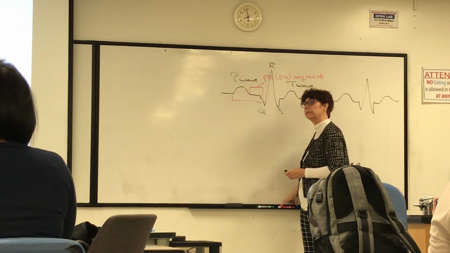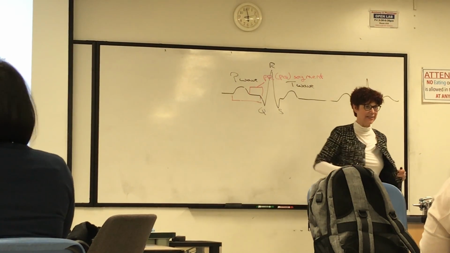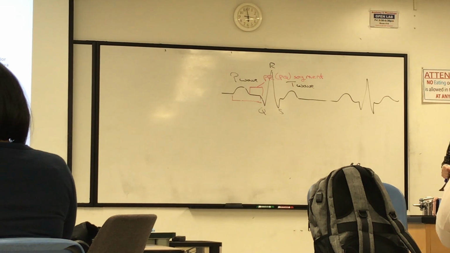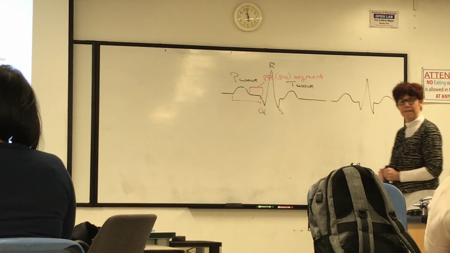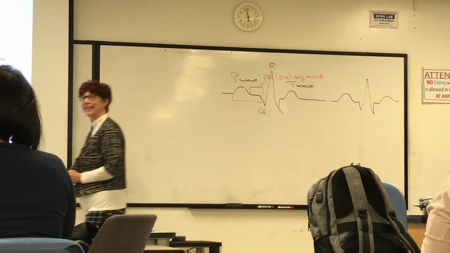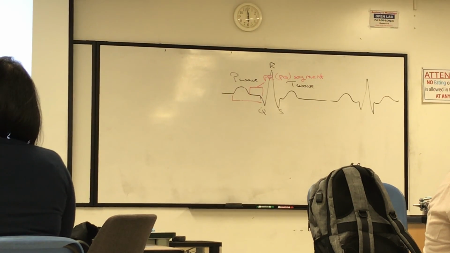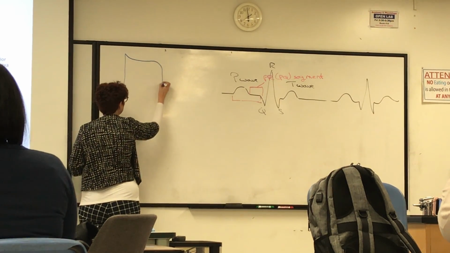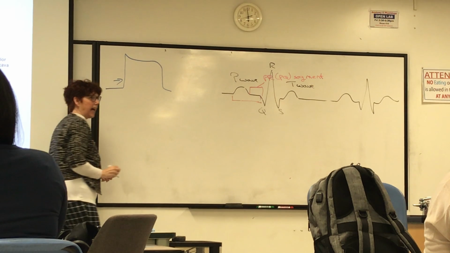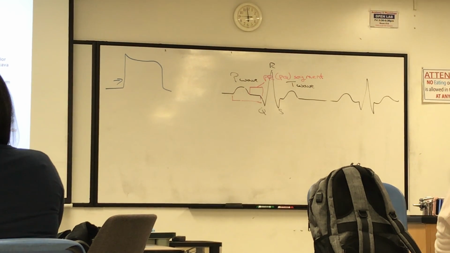Depolarization of the atrial cells? What event of the autorhythmic cells triggers the depolarization of the atrial contractile cells? So what do we have to do to the contractile cells to cause them to depolarize? One contractile cell's action potential is going to look like this, right? So what brings enough positive ions to the contractile cell to cause those sodium voltage-gated channels to open from the autorhythmic cell?